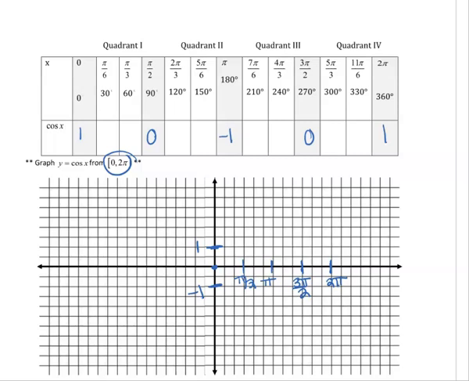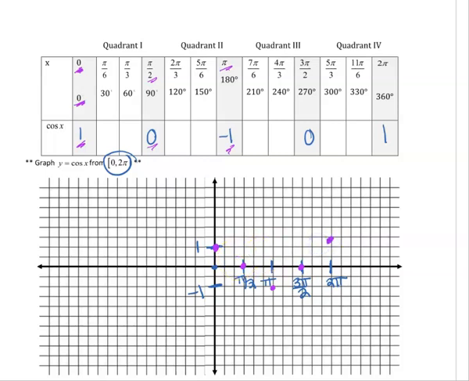All right, now following what I have listed here, at 0 radians here, we're going to do 1. At pi over 2, we're at 0. At pi, we're at -1. At 3 pi over 2, we're at 0. And then we finish at 1.